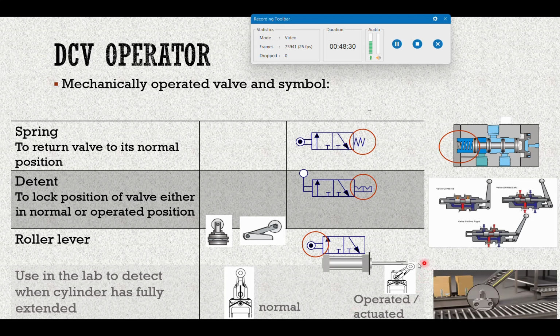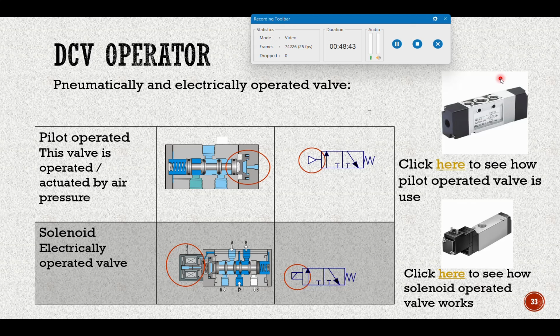We could have sensors as well. So we could have pneumatically and electrically operated valves. With pilot operated, the valve is actuated by air pressure.